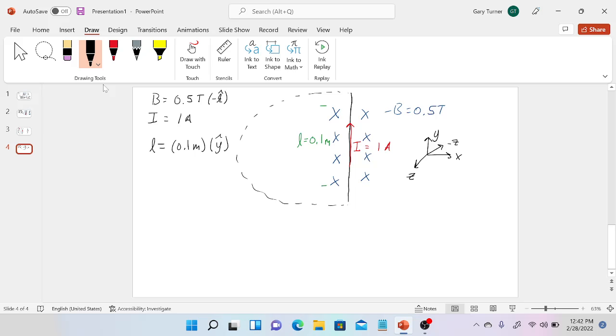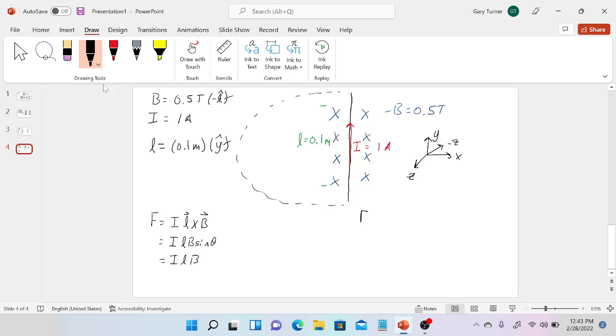And once again, you can say, okay, the force is equal to I times L cross B. And you can say that this is the same thing as ILB sine theta. And when your unit vectors are perpendicular, the sine theta goes to 1, and this just becomes ILB.